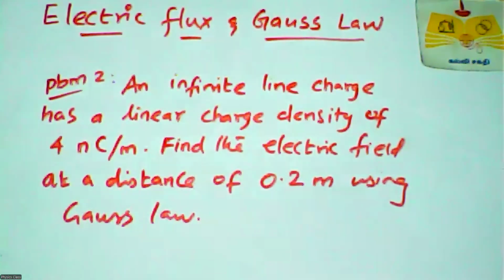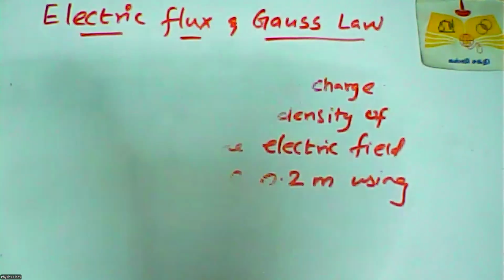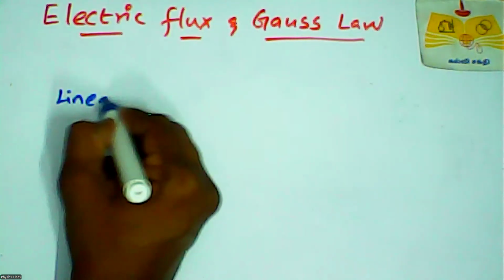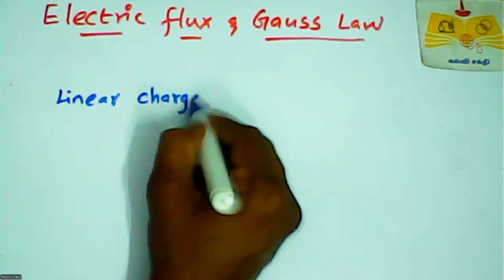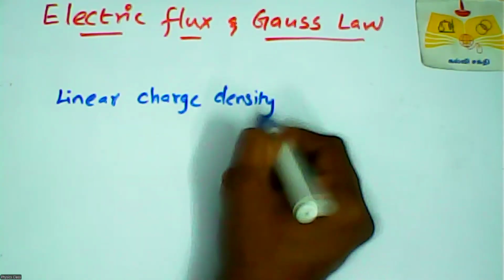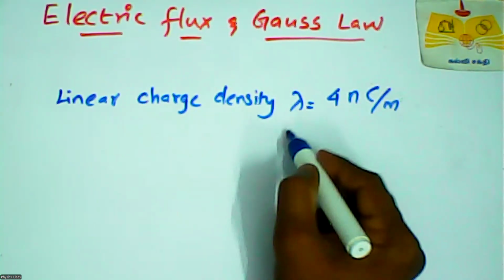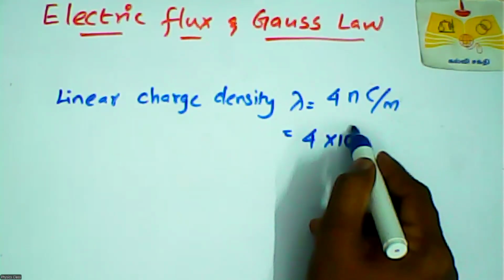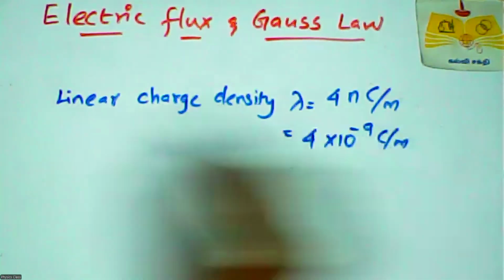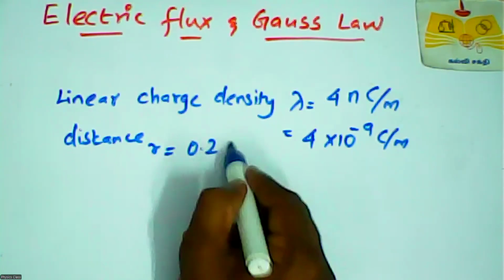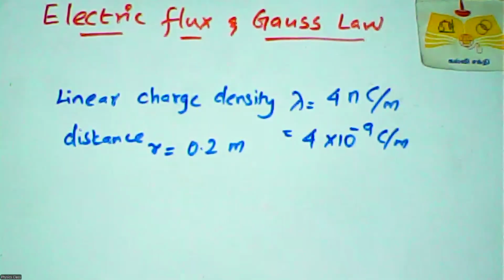For this sum, the data is given. First of all, linear charge density lambda is 4 nanocoulomb per meter. Already you know that nano is 10 power minus 9. Distance is 0.2 meter, and then we have to find the electric field.